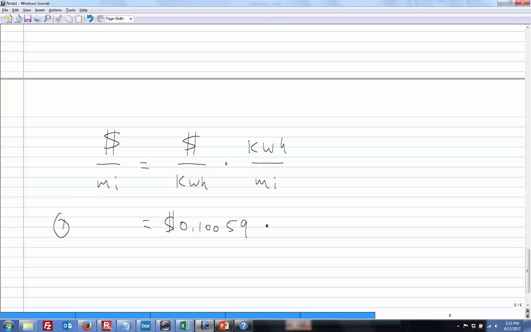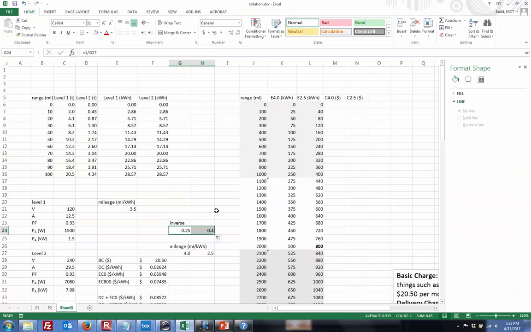It's gallons per mile instead of miles per gallon. So it's more expensive, and this is the inverse, copy, paste. This is kilowatt hours per mile.